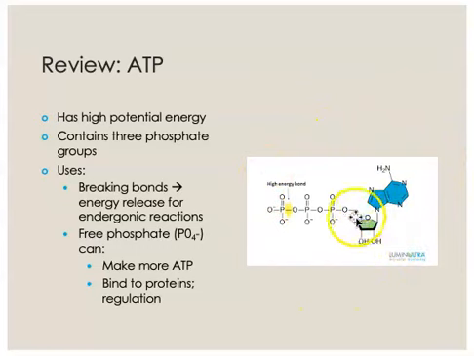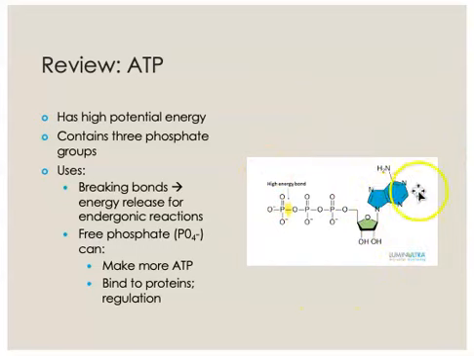Here's the sugar, here's a nitrogenous base, and here are 3 phosphate groups. The highlighted area shows the bond that will be broken when ATP is split into ADP plus that phosphate group, plus a little bundle of energy.